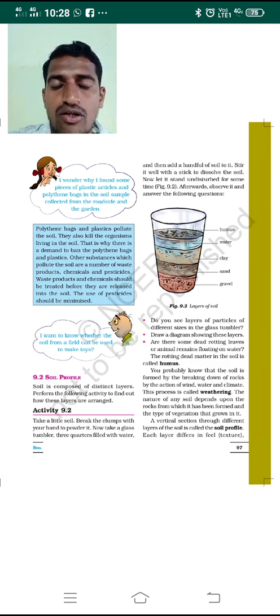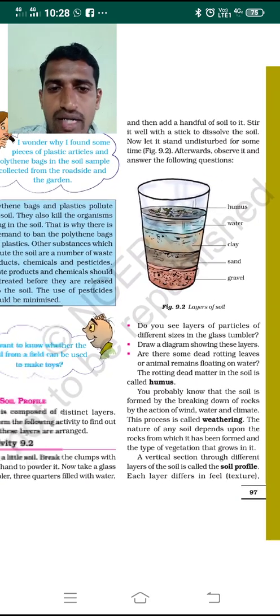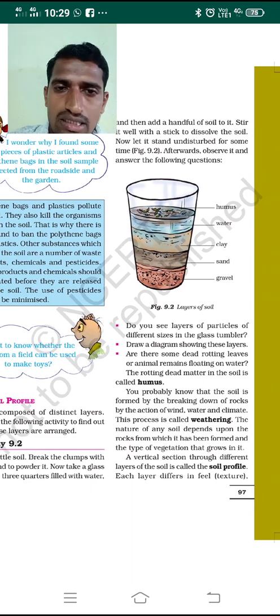Undisturbed means you will not shake it. After some time it will settle, and finally you will see the distinct layers of the soil, which from the bottom are: gravel, sand, clay, water and humus. So all these layers we observe in the glass tumbler.